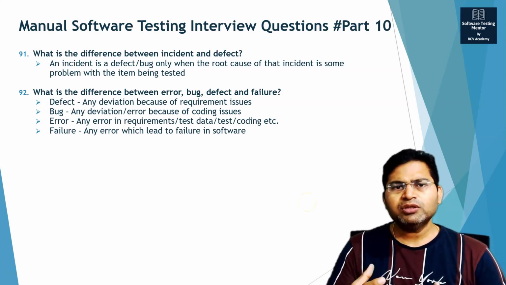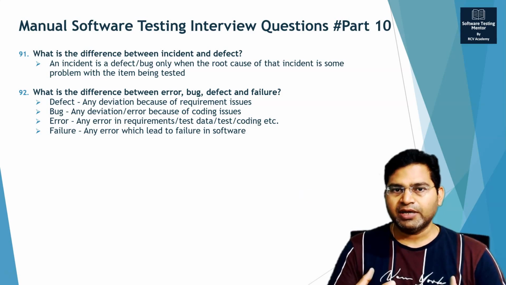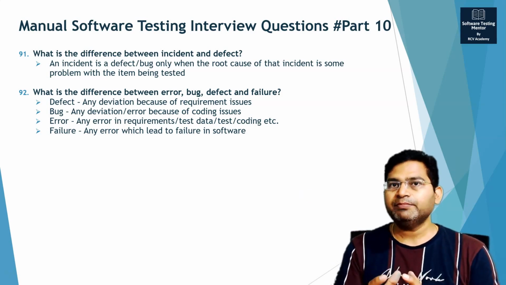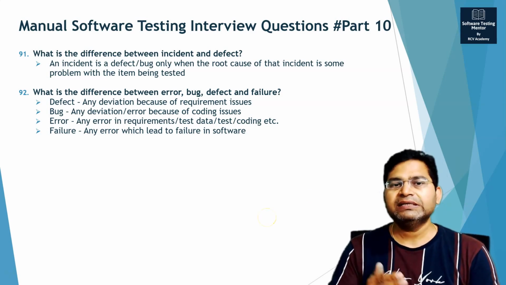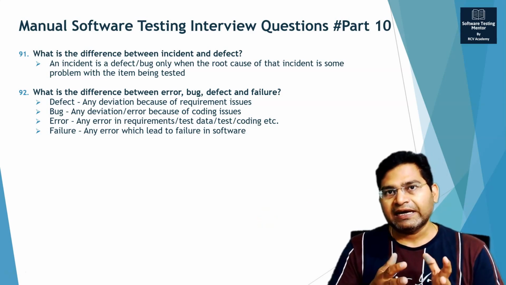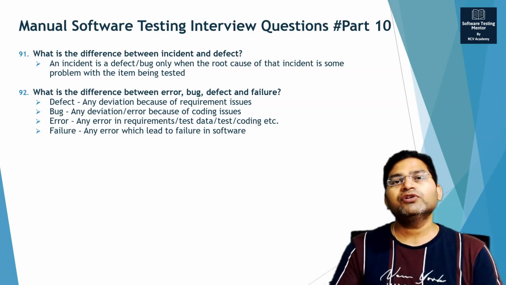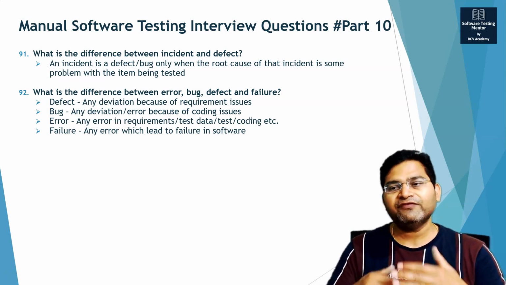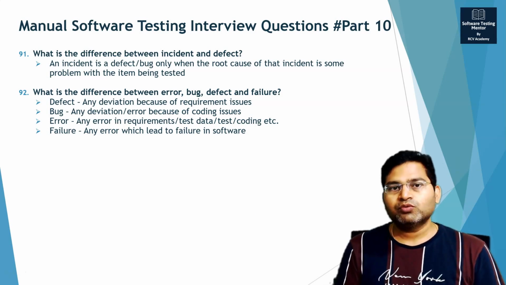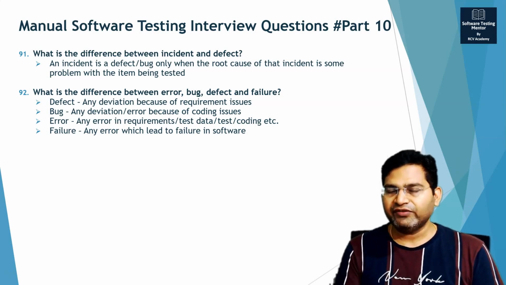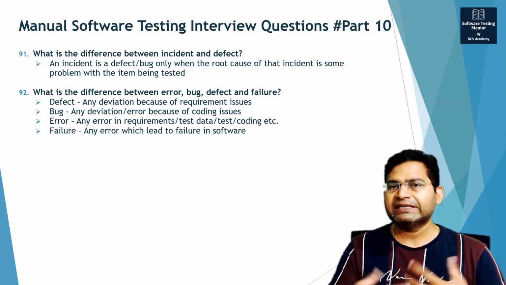But if we talk about the basic difference, a defect is any deviation because of requirement issues, that's what the definition says. And a bug is any deviation from actual to expected because of coding issues, right? This is a very fine difference, but in projects people do not bother too much about whether you are using the terminology bug or defect, so you end up using them interchangeably.